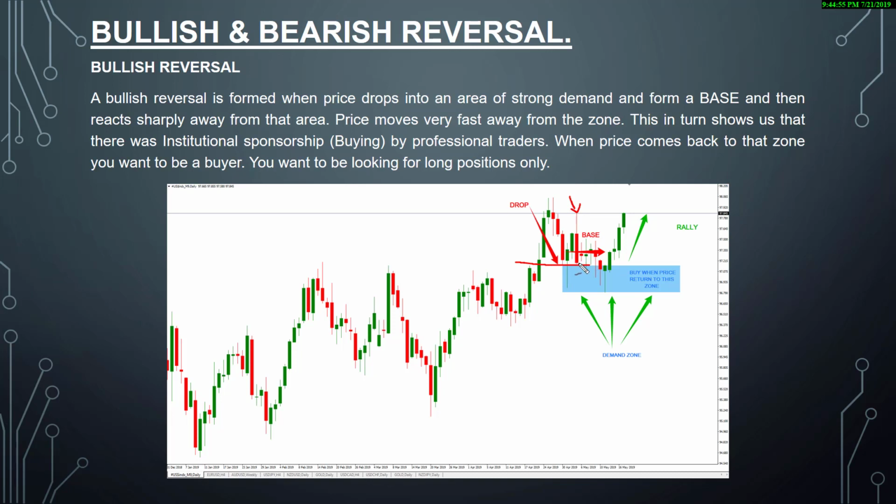Price dropped to the demand area and pushes up. It dropped again into the demand area and pushes all the way up. See, there's your bullish reversal. So you need to be in a position to read the market structure to identify these entries.